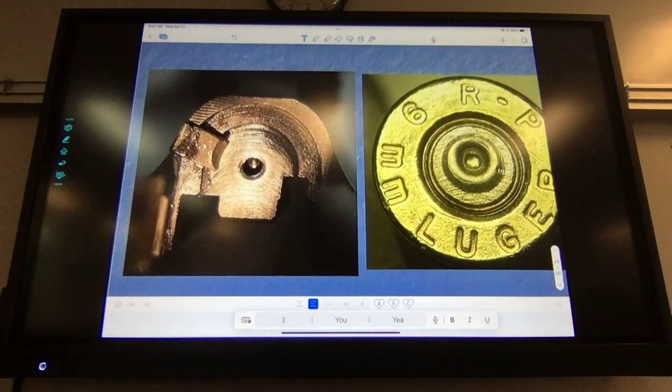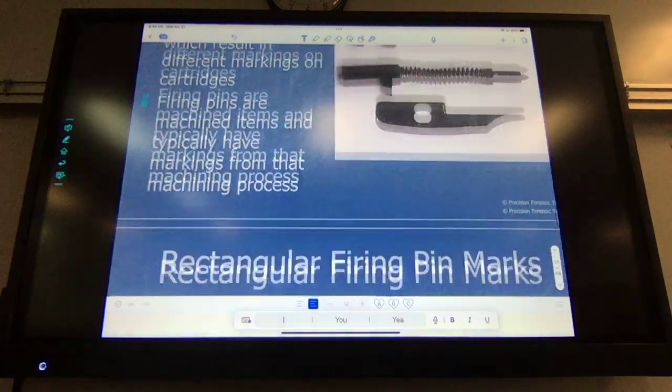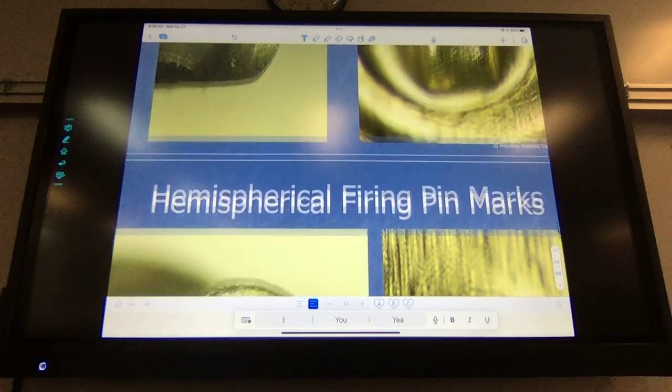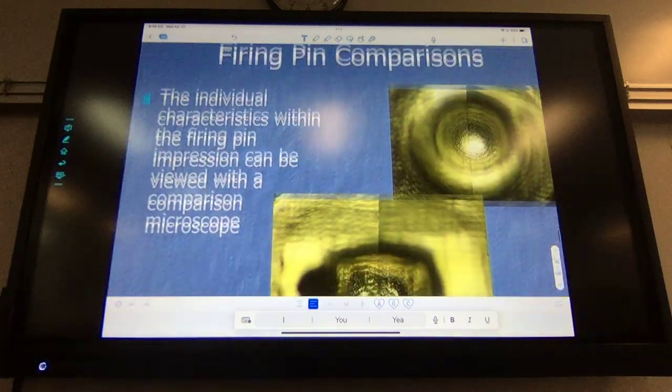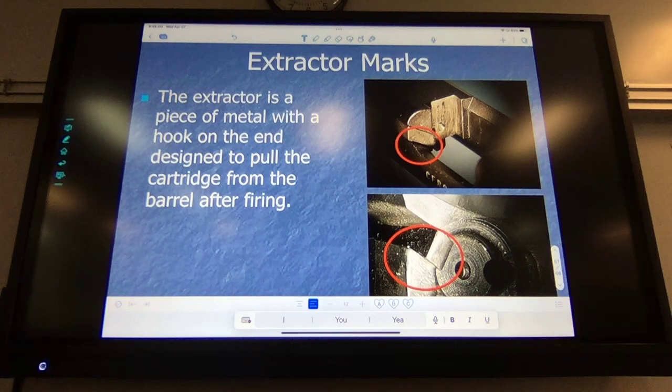Usually cartridges are left at crime scenes. Different firing pin mechanisms. And now we'll go over to the extractor and the ejector.